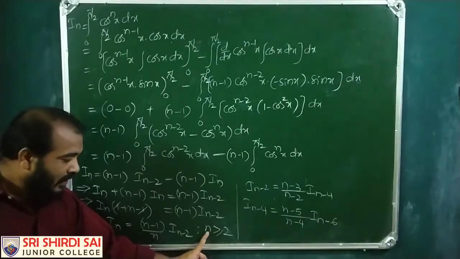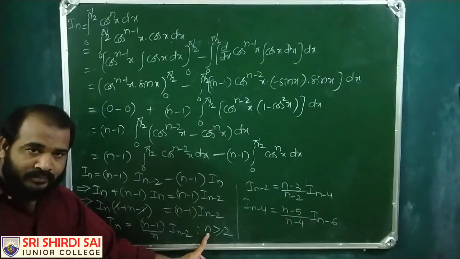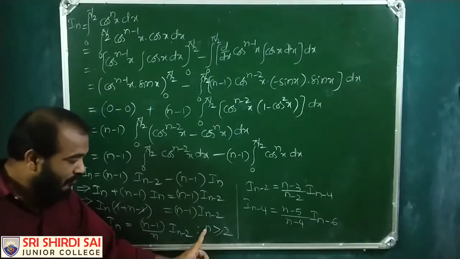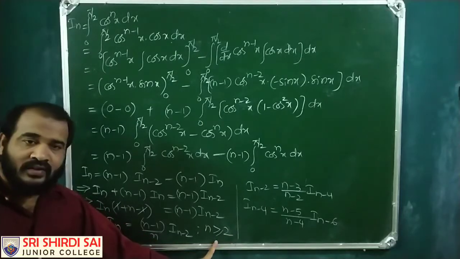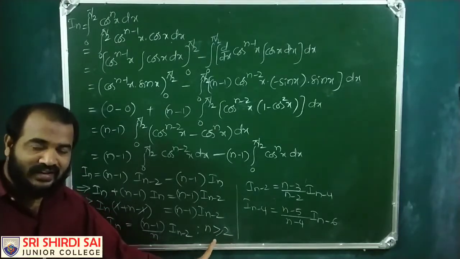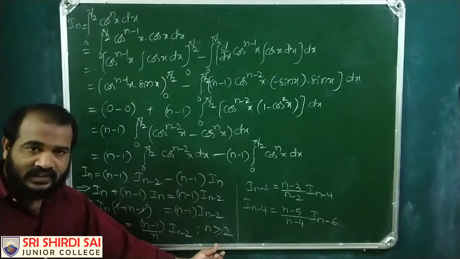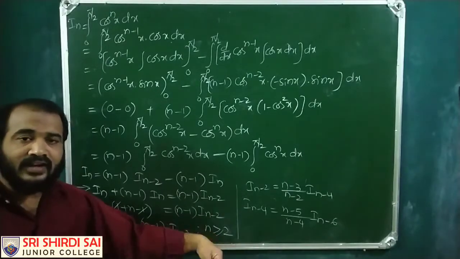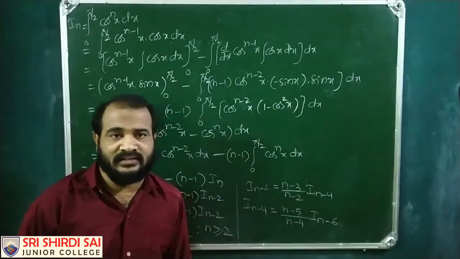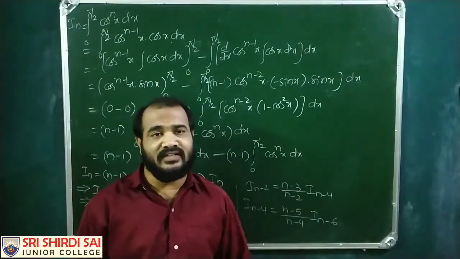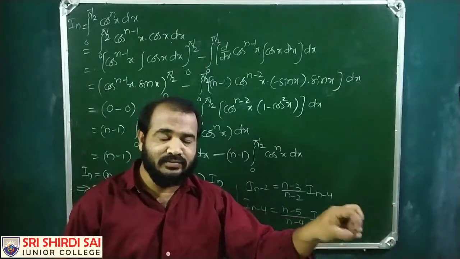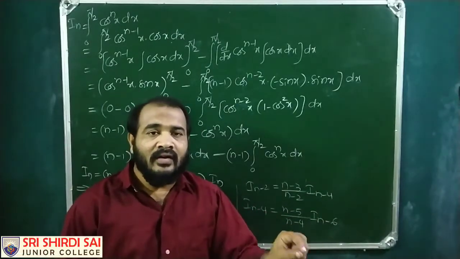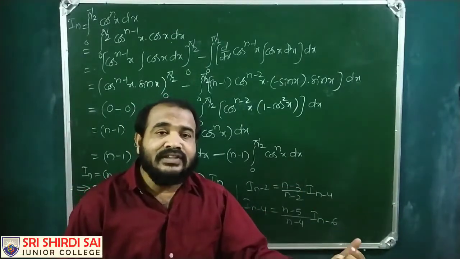I naught means n equals 0, which does not follow this relation, since 0 is not greater than or equal to 2, it is less than 2. So we will use it directly, integral sine power 0x dx. As far as I1 is concerned, integral 0 to pi by 2 sine power 1x dx, because 1 is less than 2.